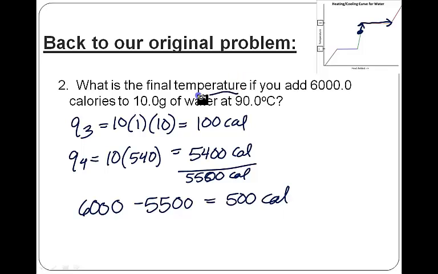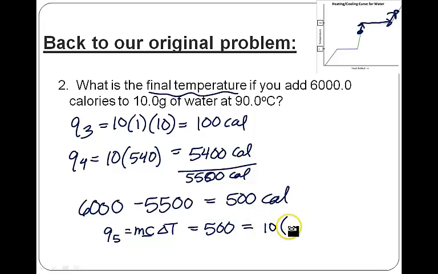And we want to find the final temperature. So let's see how far up our temperature can go in our gas phase. If we're going to use all 500 calories, oops, I should probably write our equation down. We have Q5 equals M times C times delta T. And we know that we're going to use 500 calories for that. The mass, we said, was 10.